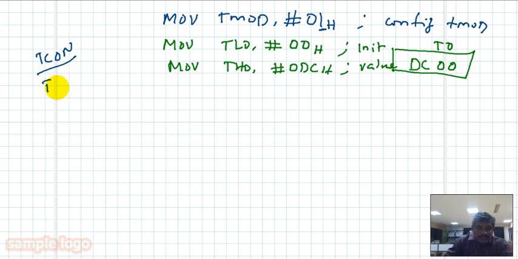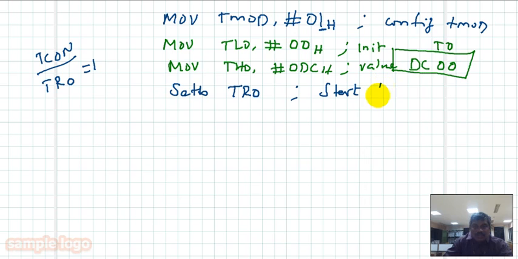In TCON, there is a bit called TR0, because we are using timer 0. If the bit is 1, then the timer will start. And this register is a bit addressable register, so using bits, we can start. SETB is nothing but set bit. Which bit are we going to set? TR0. This is nothing but start timer.